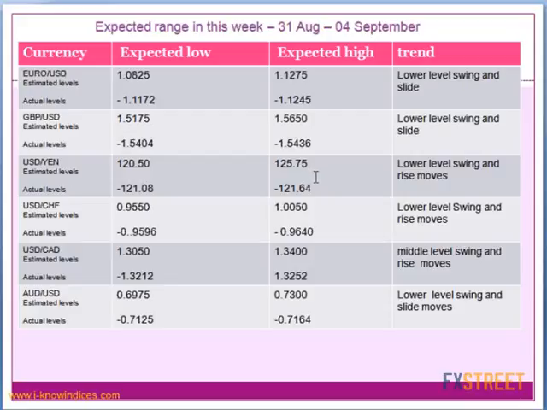And USD yen is expected to shoot up, opposite to the 116 they are showing. And USD CHF is most likely to go to parity. And USD CAD is also expected to gain to the 1.34 area. And the Australian dollar is expected to come below 0.70.